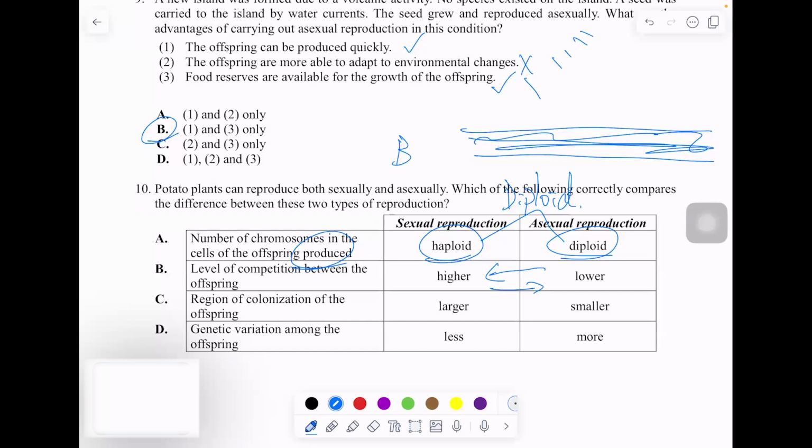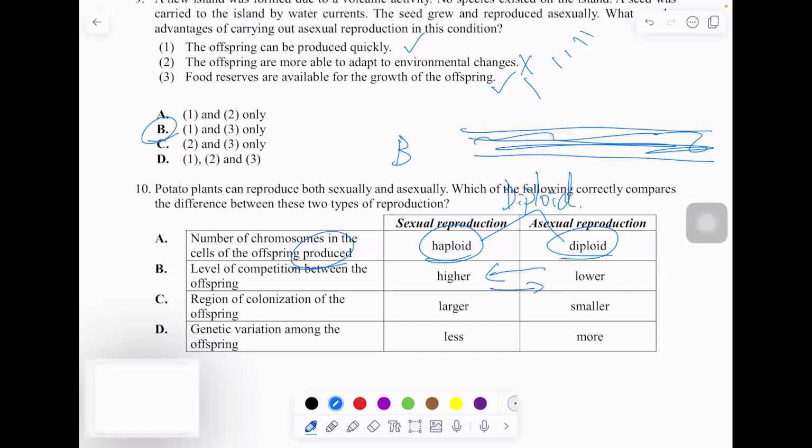Then next, the region of colonization of the offspring would be a lot larger for sexual reproduction, because if you think of the bee, they can fly very far away. So the region of colonization of these offspring or species would be a lot larger compared to asexual reproduction.